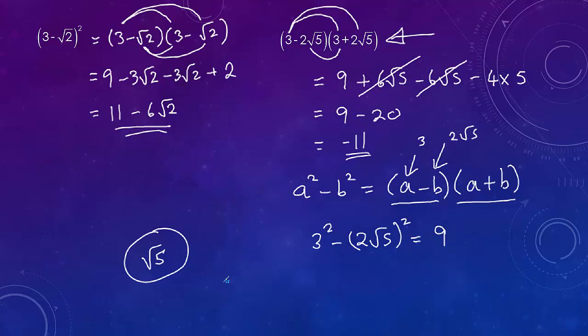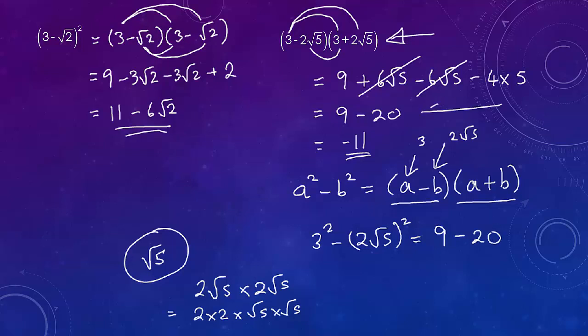And then think about 2 root 5 squared, that's 2 root 5 multiplied by 2 root 5, which is 2 multiplied by 2 multiplied by root 5 multiplied by root 5. So it's 4 times 5, which is 20, as we saw just here. So difference of perfect squares, really important, can save you time, and is very useful in lots of situations.